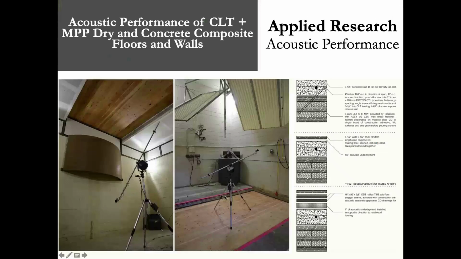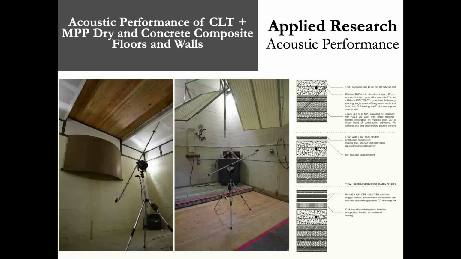Another important area is acoustic performance. The challenge here really is that there's an enormous body of data and literature on the acoustic performance of assemblies built around steel and concrete, but very little for wood. And we're learning about this all the time.